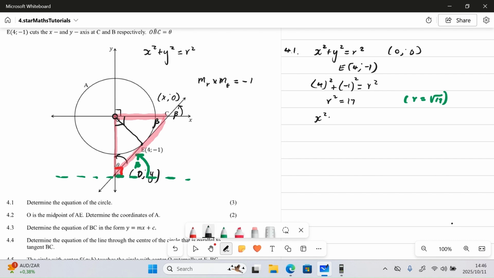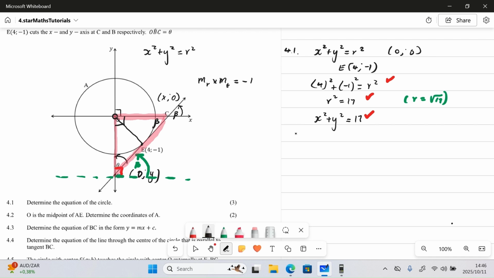The equation is x squared plus y squared, and where we see r squared, we put 17. Here we don't put the radius, we put the radius squared. Then that is the equation. Then we get 3 marks: equation, value of r squared, substitution.